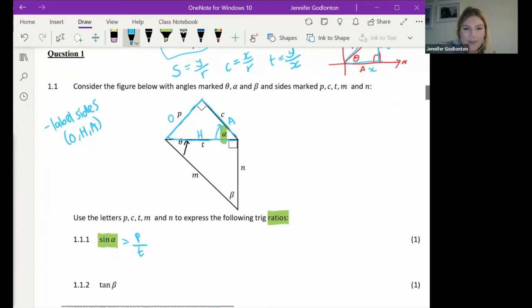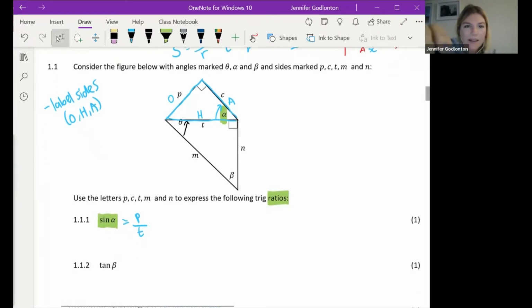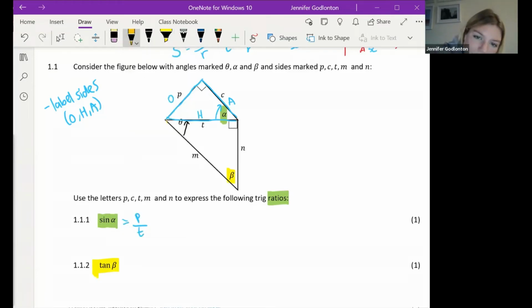Let's see. Next one we're trying to find is tan beta. So let's find beta over here. Beta's down here, which means we are going to be dealing with this triangle. So now that we have beta, I want you to find tan beta, and you're going to be using these small letters.